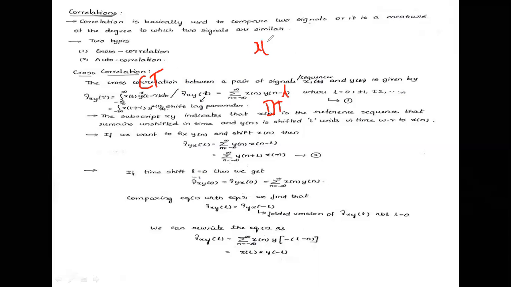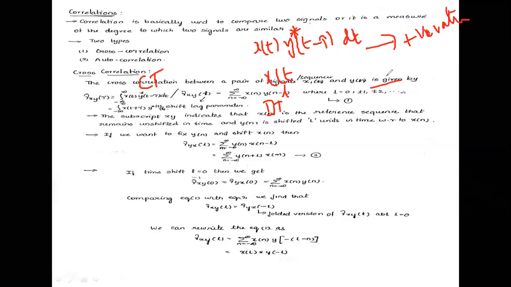So I told you it is x of t, y of t minus tau, and it is dt, not d tau. Compared with convolution, this is shifting towards the right side, the positive values.